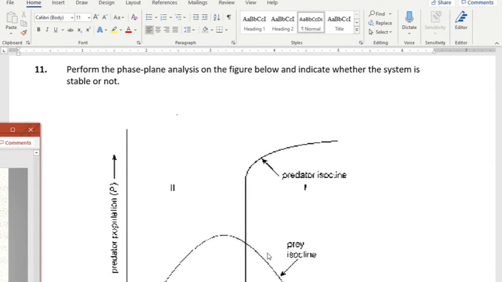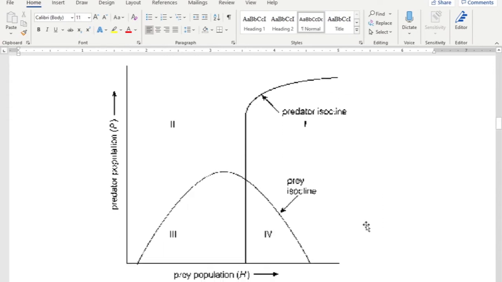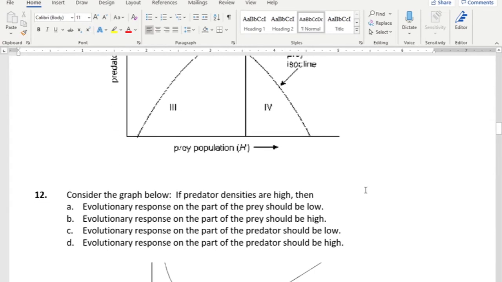So in this scenario, if you perturb it from the equilibrium point, it's going to cycle, but then it's going to cycle back in towards stability. So this one will be a stable limit cycle. It is going to cycle in back towards the equilibrium point.